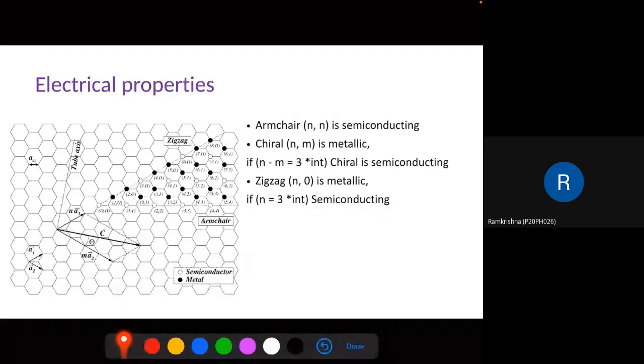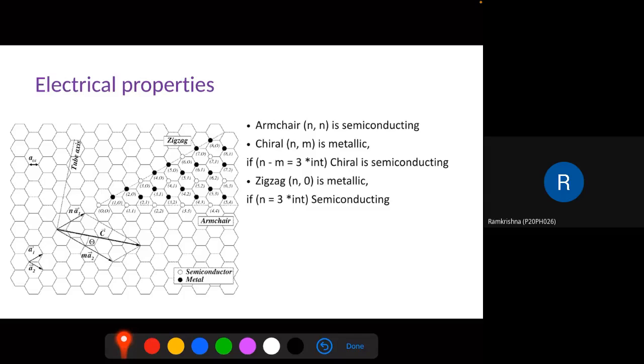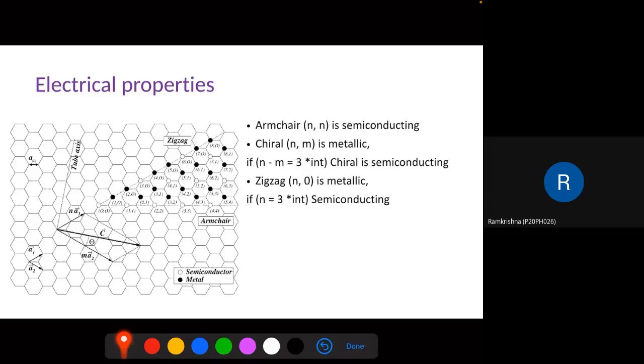This is all due to their density of states, which varies depending on the diameter of the nanotube, and along which direction you fold it, because your energy levels or density of states depend on the arrangement of the crystal structure and how you fold it. That gives rise to a different structure for your carbon nanotube, and that is reflected in its electronic properties.